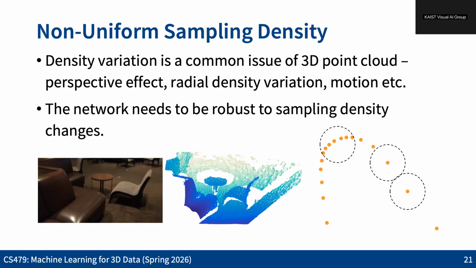But as you shoot rays farther, to long distances, the points become sparse like this. And not only because of that, but also because of occlusion or many other things. We are also seeing some big occlusion here, right? For many of those reasons, there can be lots of cases where the density of the points varies over the entire space.